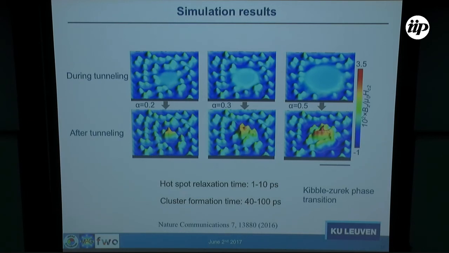This means that the relaxation of this hotspot is in the Kibble-Zurek regime. The Kibble-Zurek phase transition was proposed to describe the dynamics of the order parameter when a system is cooled through a phase transition.